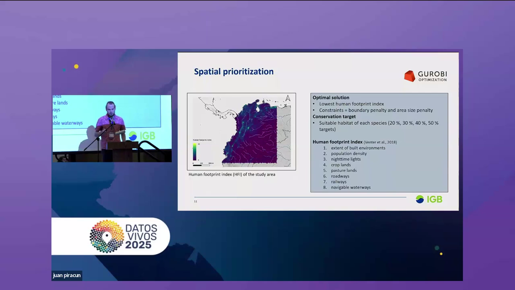And I also added some constraints on top. For example, I wanted to have clumped solutions and not scattered subcatchments here and there, as well as the model prioritizing smaller subcatchments compared to bigger ones if they had the same biological information.